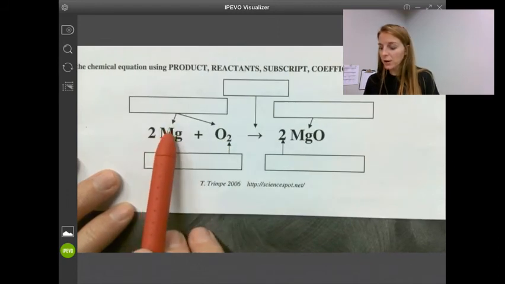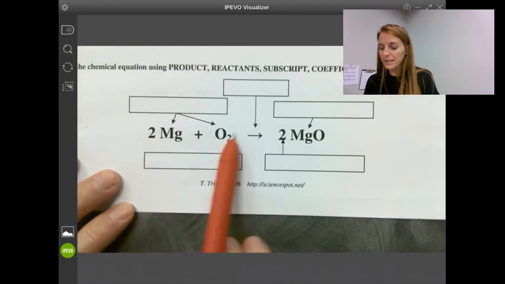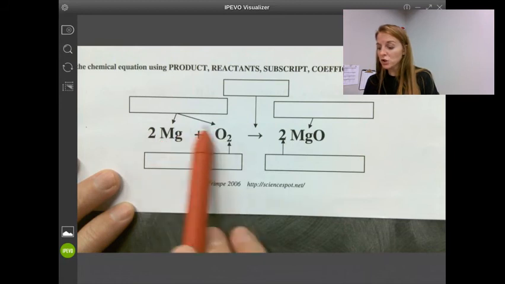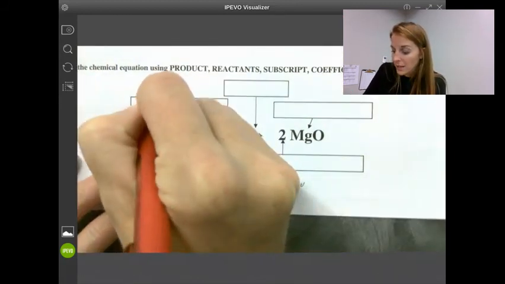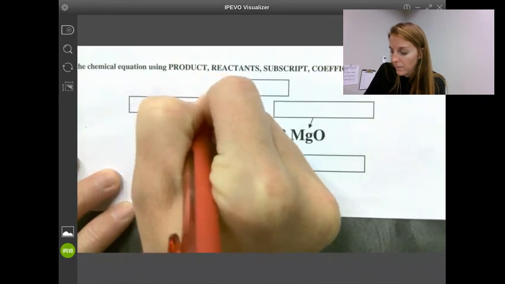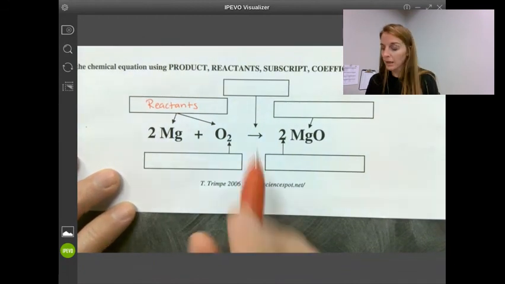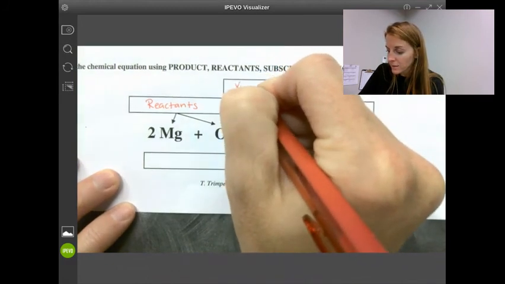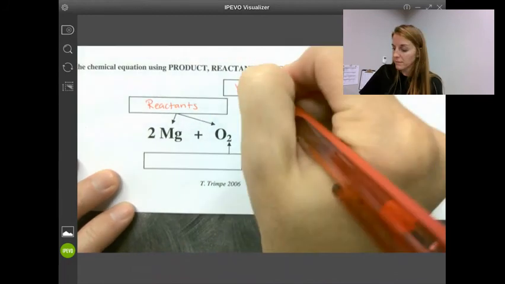So this arrow is pointing to this side of the equation. So it's pointing to the left side of the equation. So these 2 items here on the left are going to be known as your reactants. That arrow in the middle, that's your yield sign. So it's kind of like your equals, or that's what's made. So that's your yield sign.